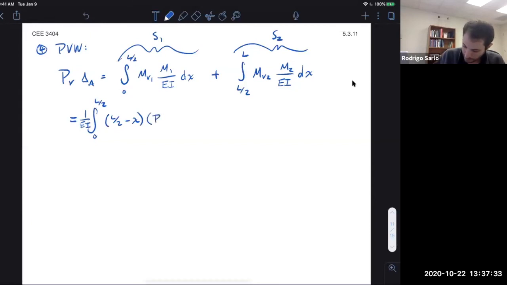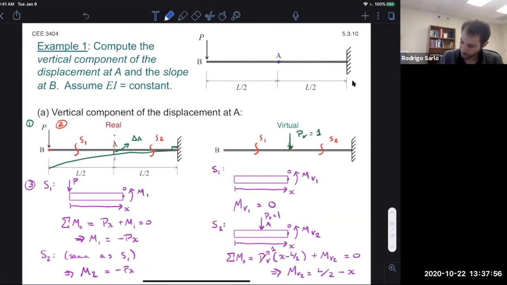This is negative Px dx plus MV2 was 0, right?